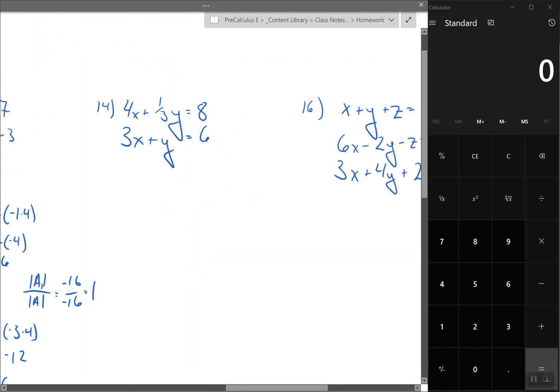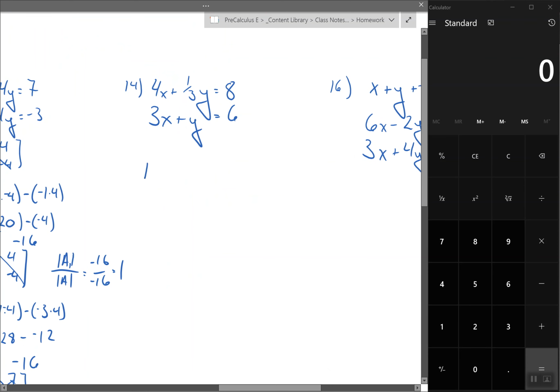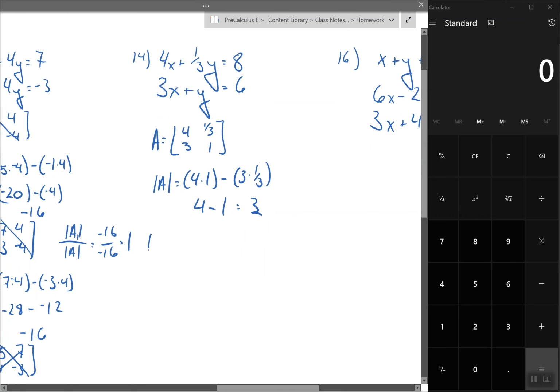For number 14, again, another 2 by 2 to start for A. So it's 4, 1/3, 3, 1. And the determinant of that will be 4 times 1 minus 3 times 1/3. So we have 4 minus 1, or 3. So A sub 1 is going to be 8, 6 in the first column, 1/3, 1.